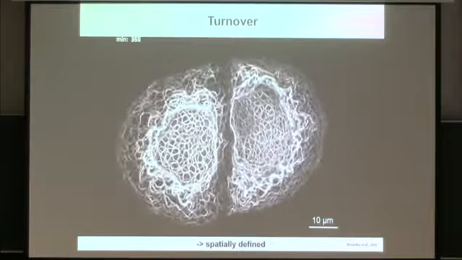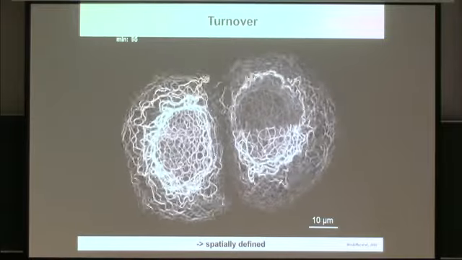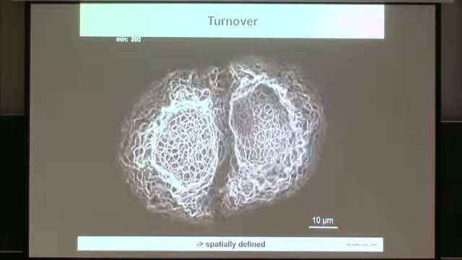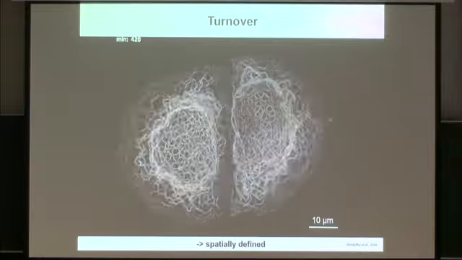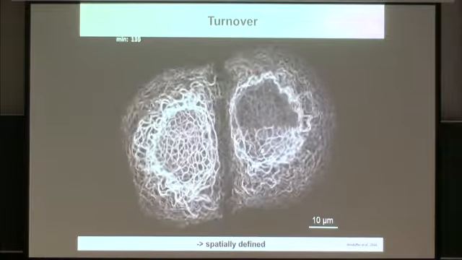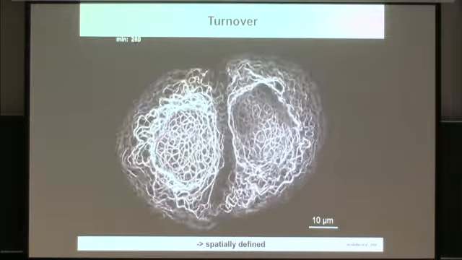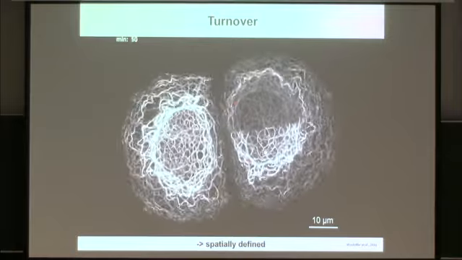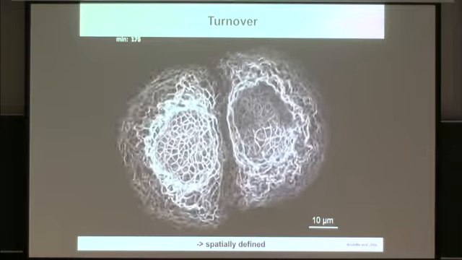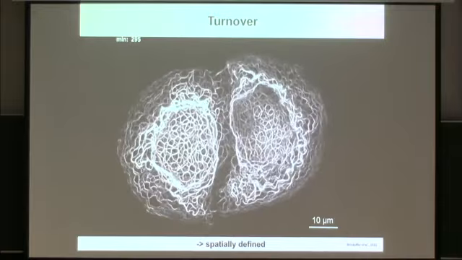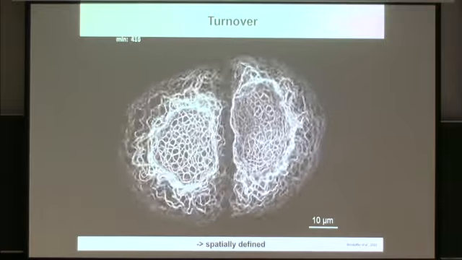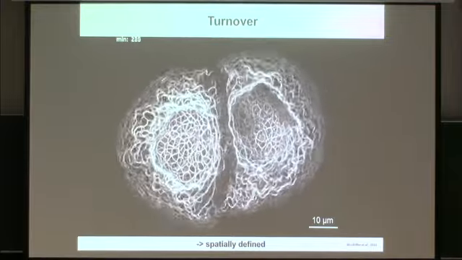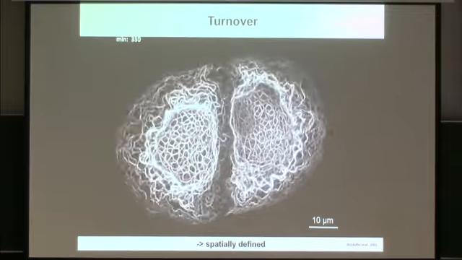And the reappearance of fluorescence is not equal in each part, but seems to occur in a directed fashion. The fluorescence will first appear from the cell periphery. You see more fluorescent filaments moving inwards, and only at the very end do you have reappearance of fluorescence in the area around the nucleus. So we postulate from these and similar experiments that we have a spatially defined turnover of the keratin system in these cells.